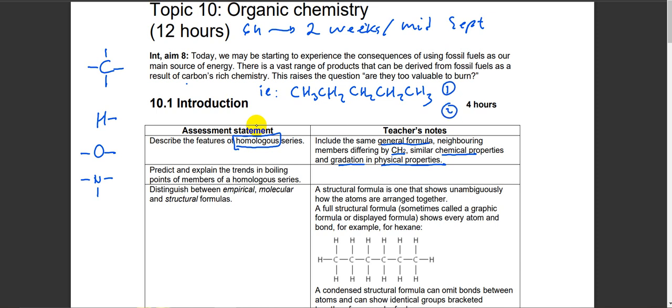The second one is, let's say, this one. Basically, number 1 and number 2, you can identify here, they have a similar pattern. The difference between 1 and 2 is only the amount of CH2, right? So this is what we call homologous to each other.